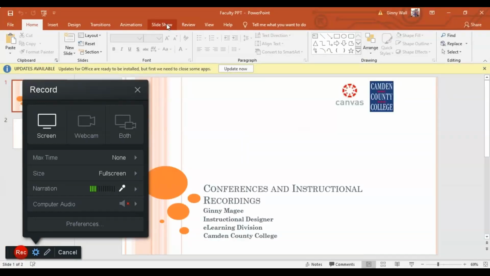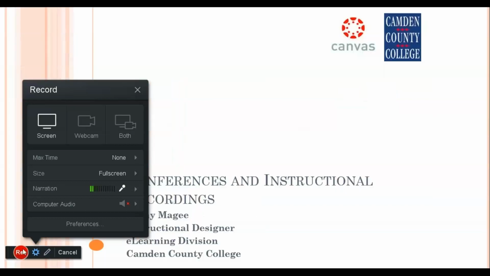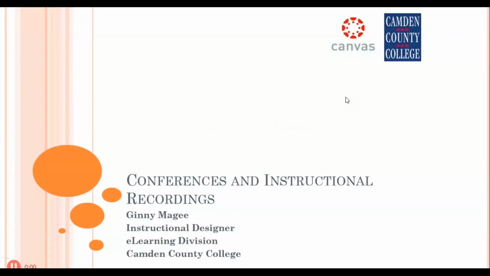So I can just make it a full screen. I can go ahead and just click record, and now it's going to record my PowerPoint on my screen, and it's going to record my voice talking through, and I can just click and it'll take me to the next slide. I think I only have one slide here, but you'll just click through like you normally would.